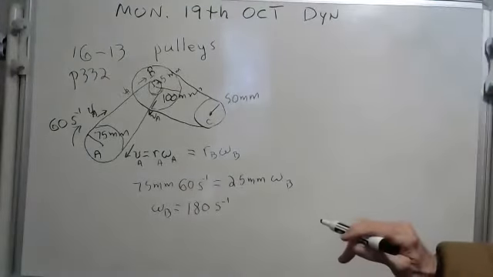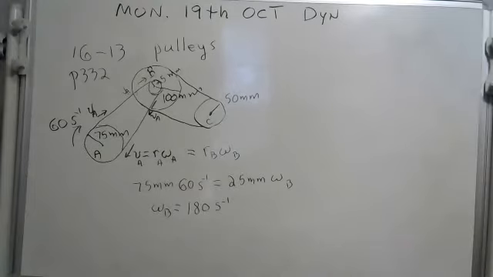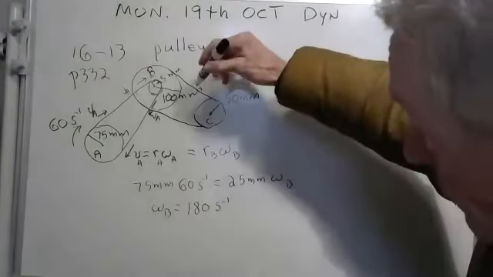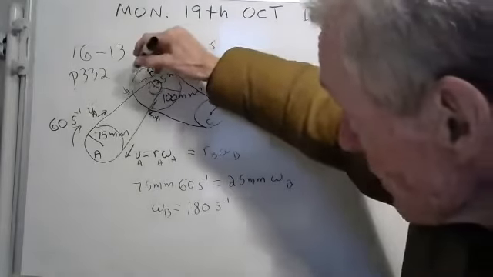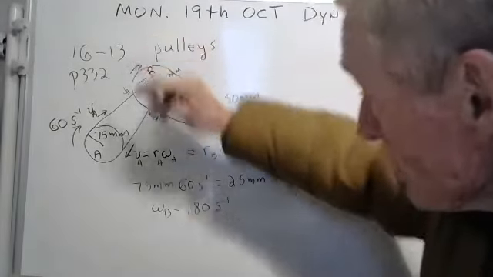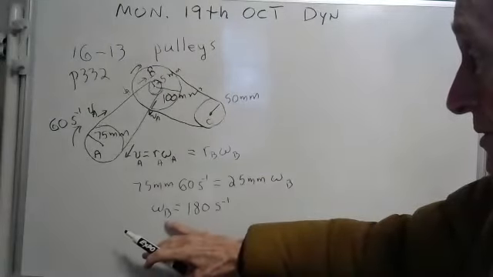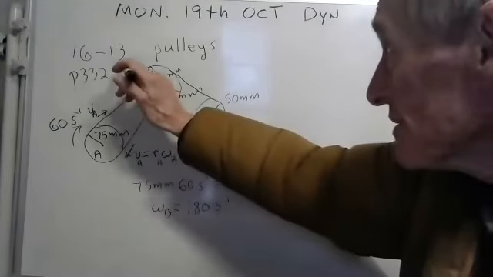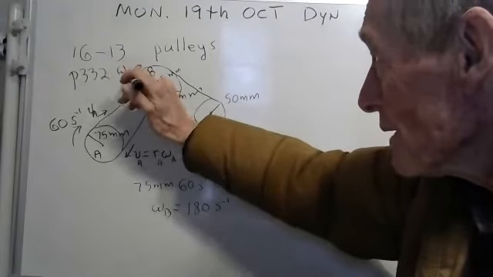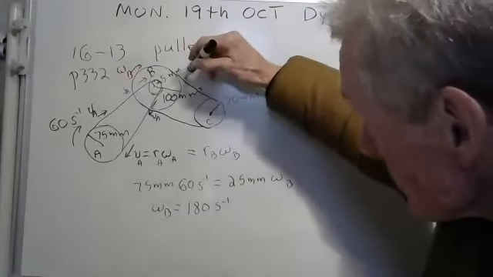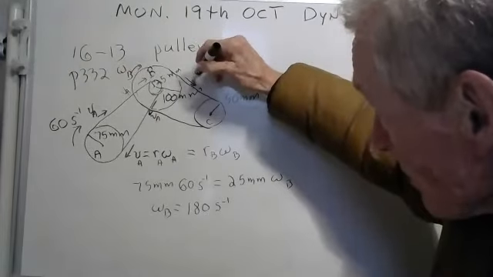Well, here's how you get that. We got to get the velocity of this pulley here. See, this pulley is going around and around this way. And we know the angular velocity, it's omega B.